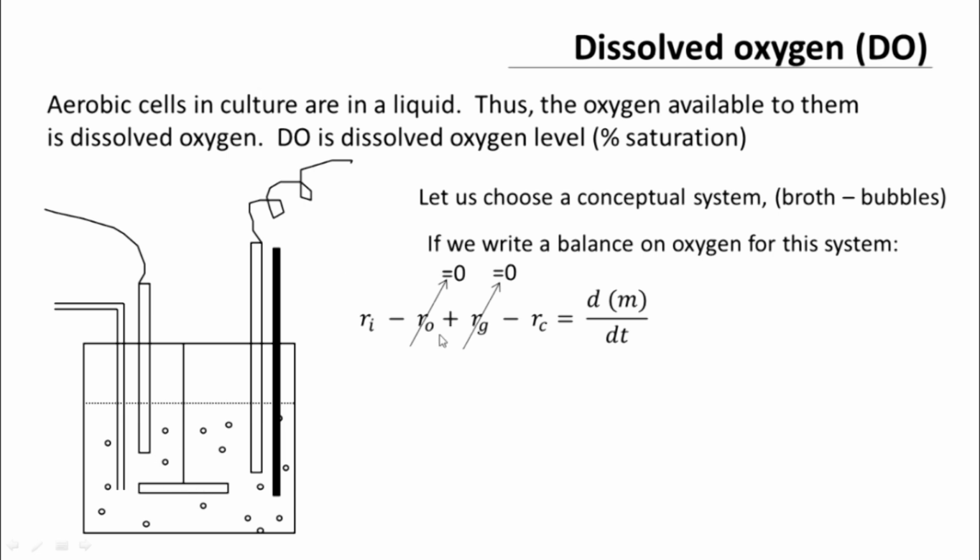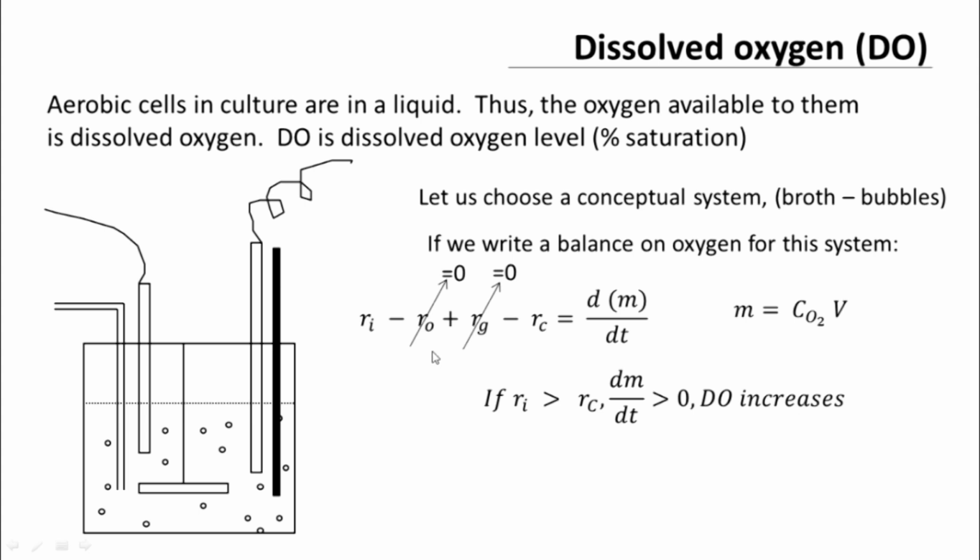Let us assume that there is no reaction that generates oxygen in our system, and for now let us keep the consumption. Also, the mass of oxygen, let us write it in terms of the concentration of oxygen, which is what is usually measured. Therefore mass is concentration times volume, and we could write it in terms of concentration and so on.